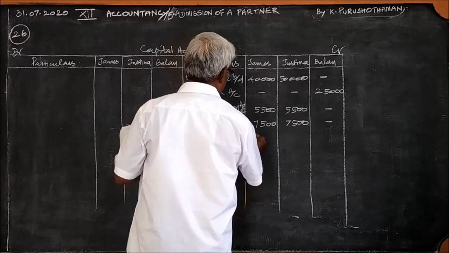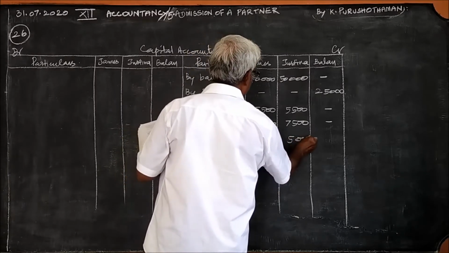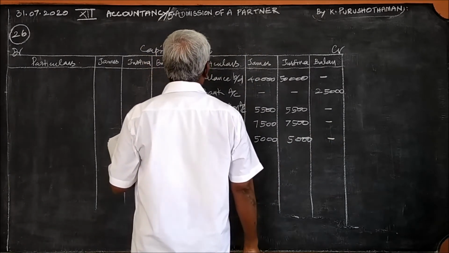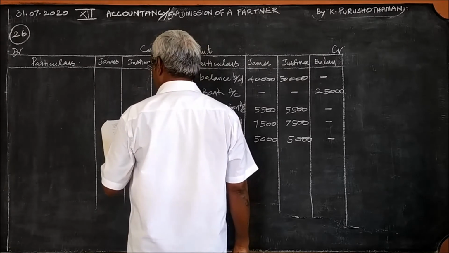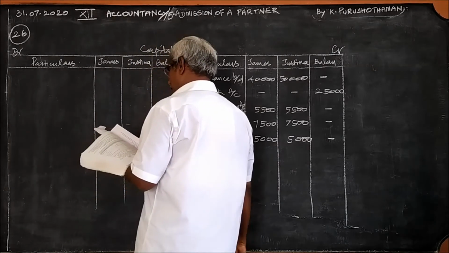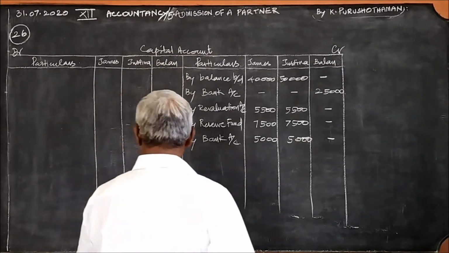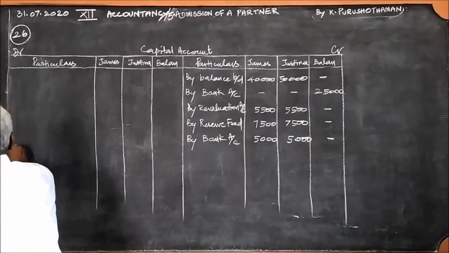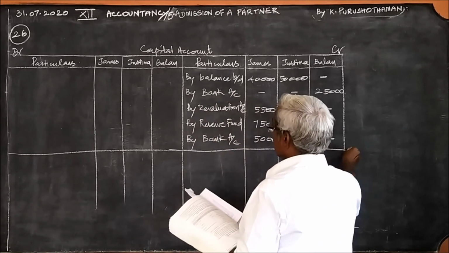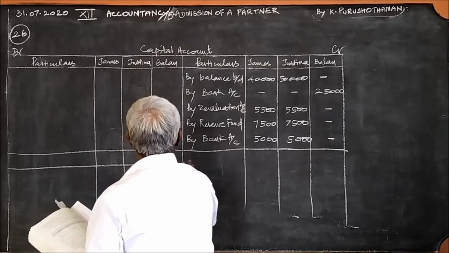Since they are equal partners, this 10,000 will be shared as 5,000 and 5,000. Nothing else is to be written here. We have written everything. We can find the total of this and close the balance sheet.